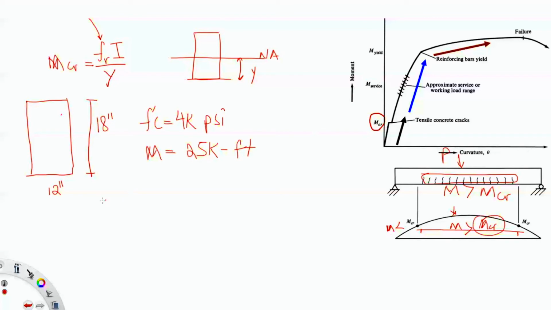So let's calculate. We have two ways to calculate it. The first way is to calculate the stress. The stress exerted by the moment is moment multiplied by y, which is half of the 18, as we explained here, divided by the inertia.